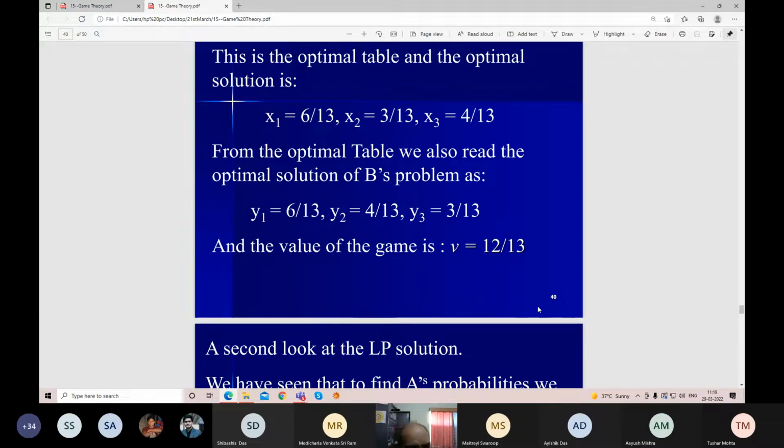Transportation problem we solve using a standard procedure called transportation algorithm, known as modified distribution method or MODI method. Modified distribution method. What we should do: for a given transportation problem, we check whether it is balanced or unbalanced.